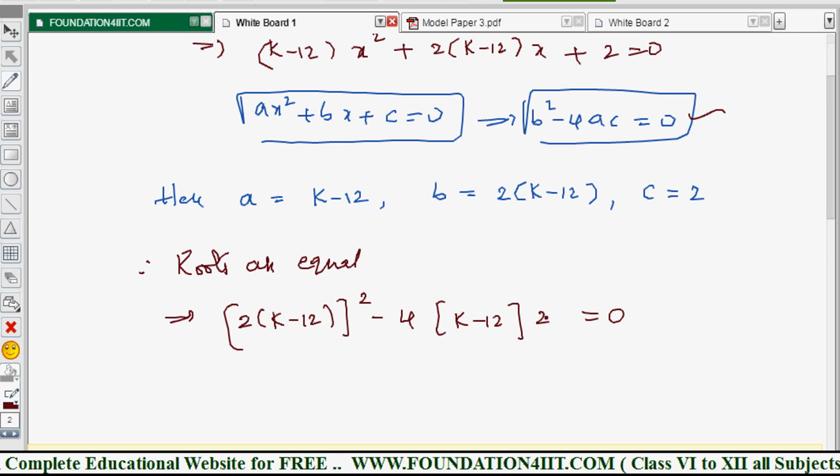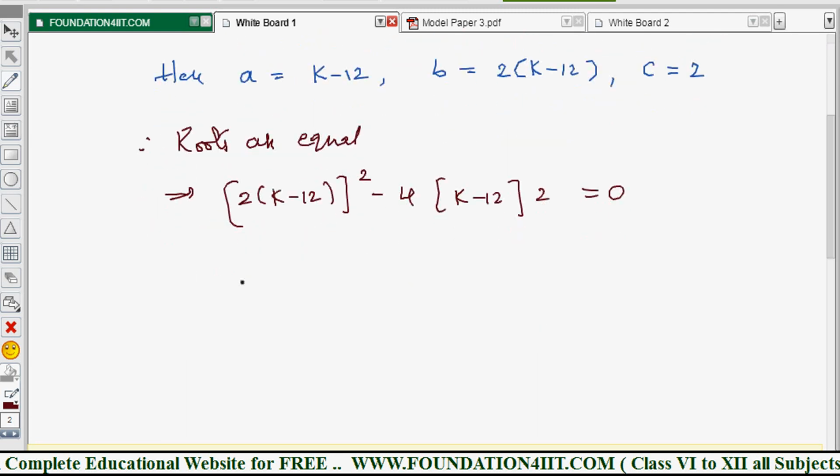Now we need to simplify this equation to get the value of k. So (2 into (k minus 12)) square is 4 into (k minus 12) square, and minus 4 into (k minus 12) into 2 is equal to 0. Then simplify.